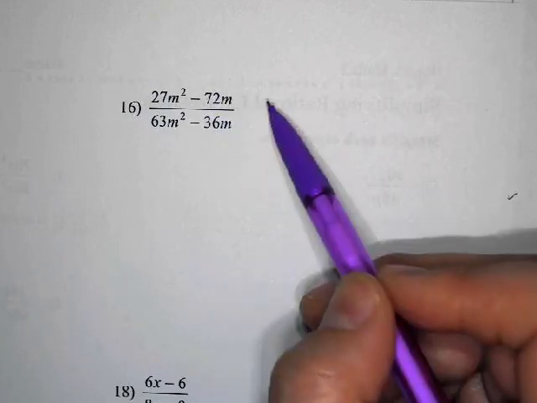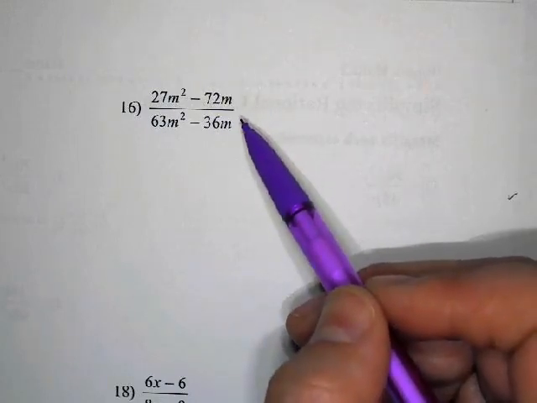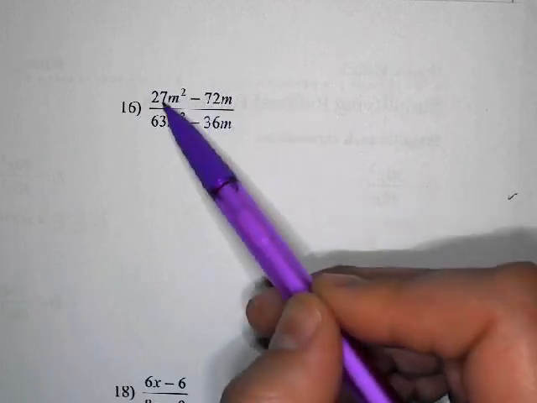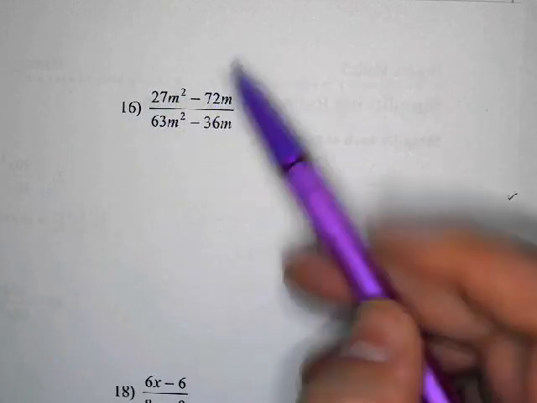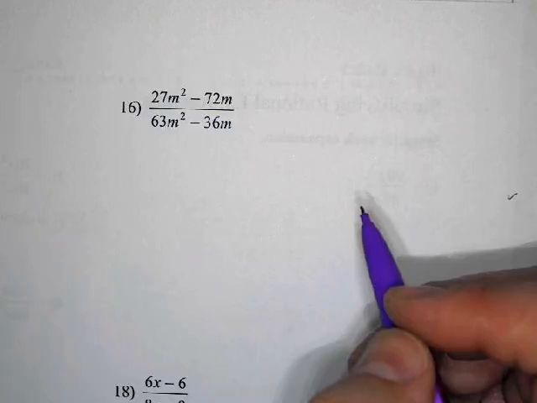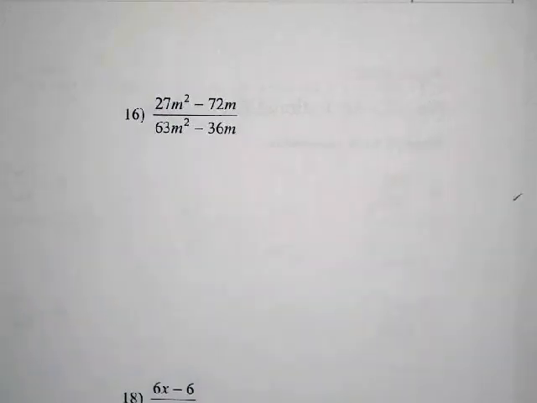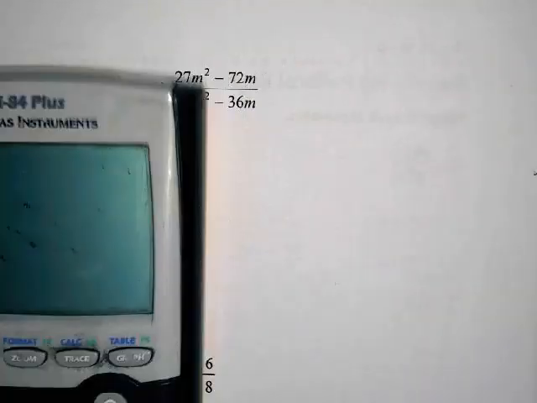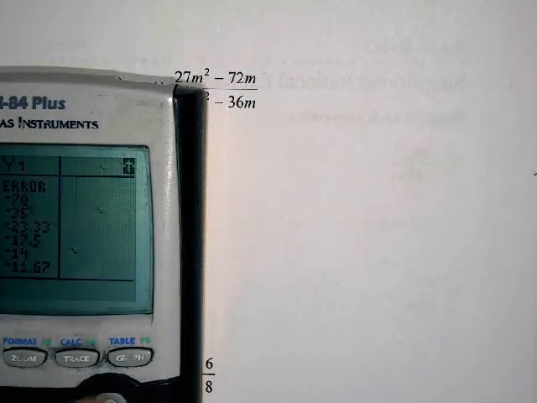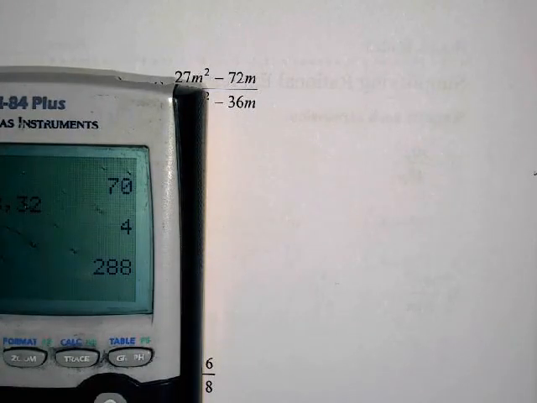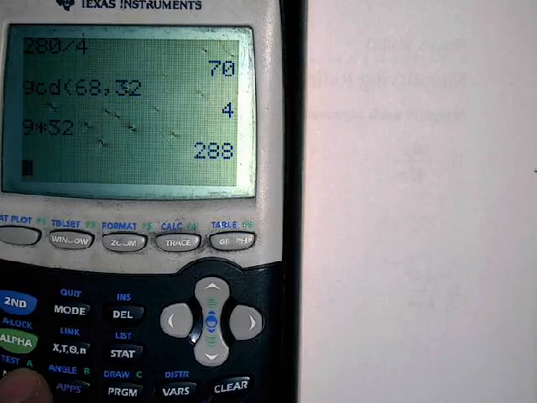What's in common between a 27 and a 72? Divide by 9. And if you're not sure, just a reminder of what your calculator can do. If you hit the math button, go over to number, and hit 9.